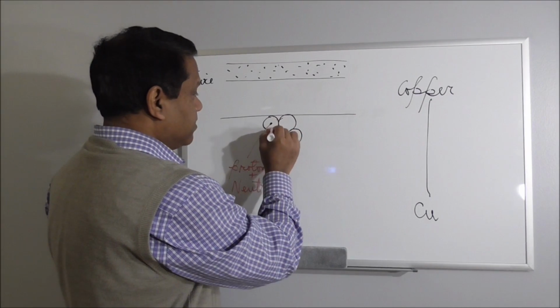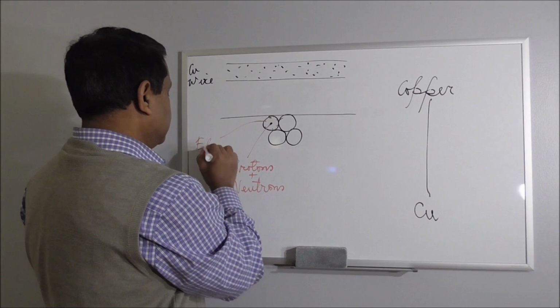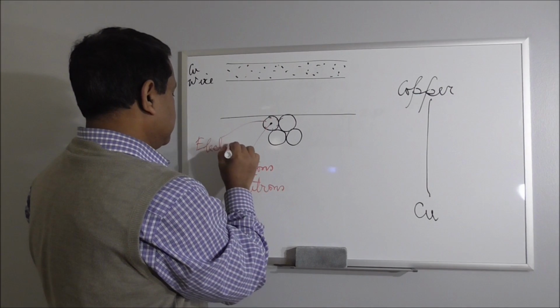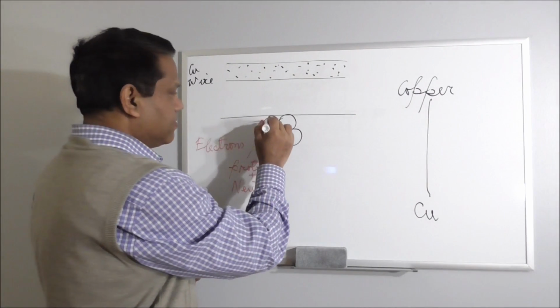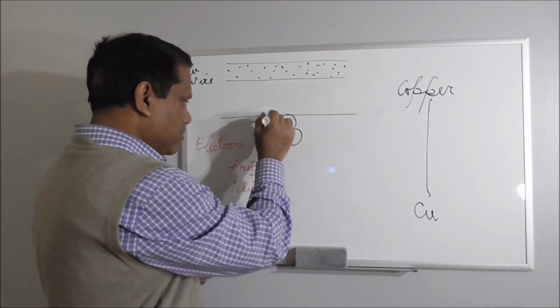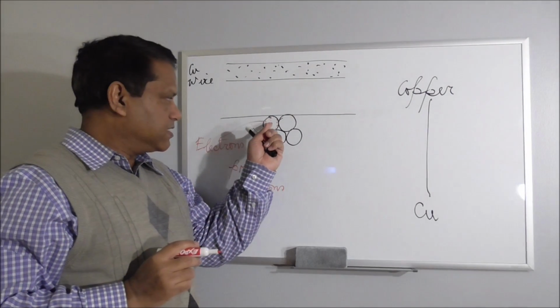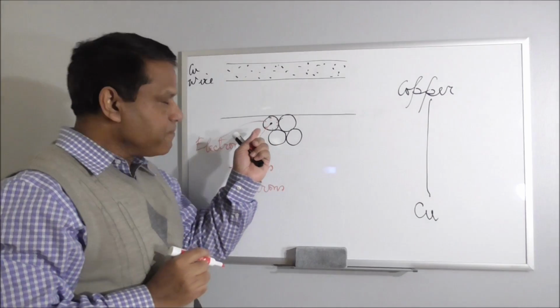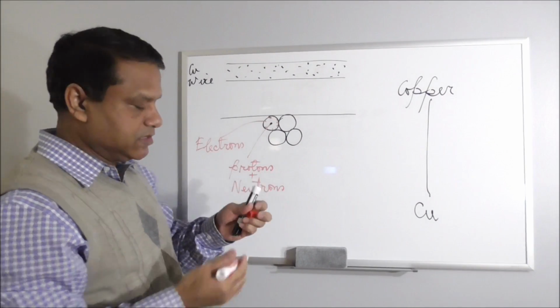But the electrons that are spinning around are outside. They are rotating in different orbits around it. So you see, it's mostly hollow. Only the center nucleus is a strong thing, but outside it's mostly hollow space.